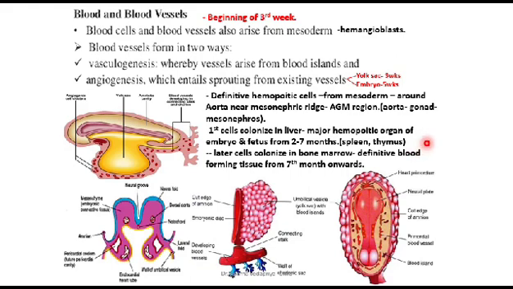Then the cells colonize in the spleen, thymus, and later on the bone marrow, which takes up the main function of red blood cell production as well. So this is how the blood vascularization starts in a flat embryonic disc as early as the 16th day.